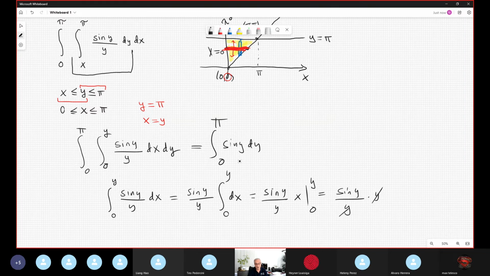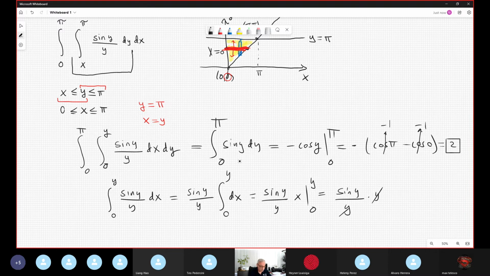Okay, this is a piece of calculus. Antiderivative of sine is minus cosine. Evaluating between 0 and pi is minus cosine pi minus cosine 0. This is negative 1, this is positive 1, but we have 1 minus in the front. Together is minus 2 and 1 negative outside, the answer is 2. Boom. Cool?